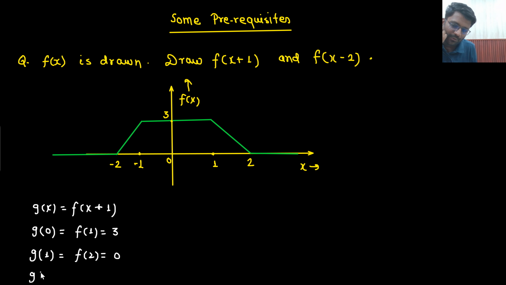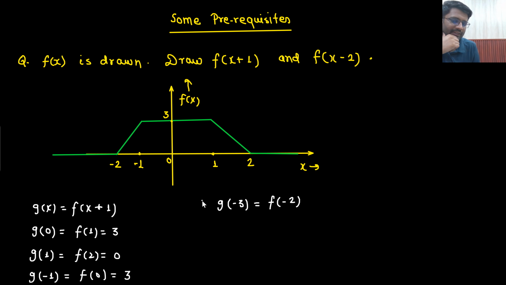What will be g(-1)? Here you put -1, so it will be f(0). So the value will be 3. What will be g(-3)? g(-3) will be nothing but f(-2). Do you understand this point?